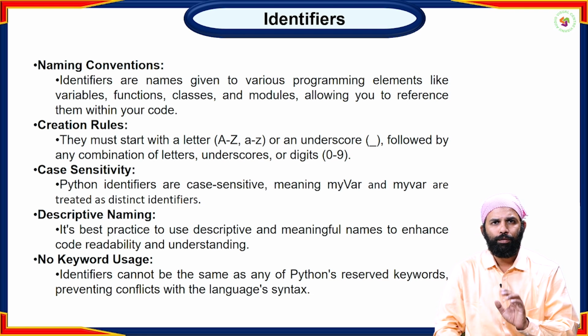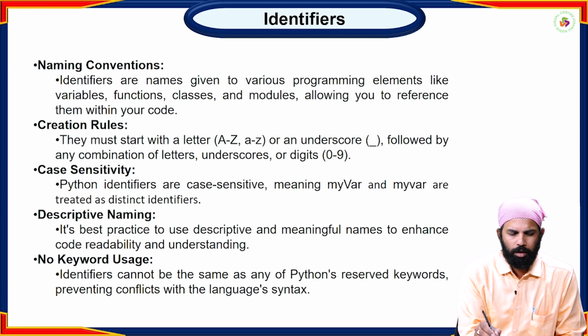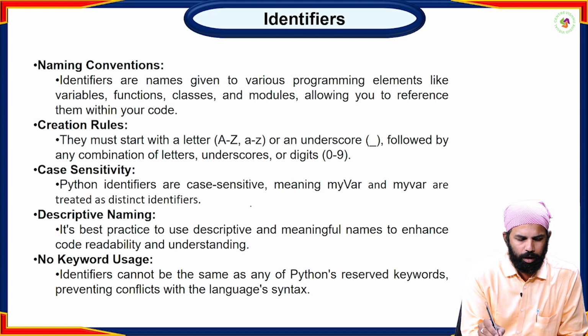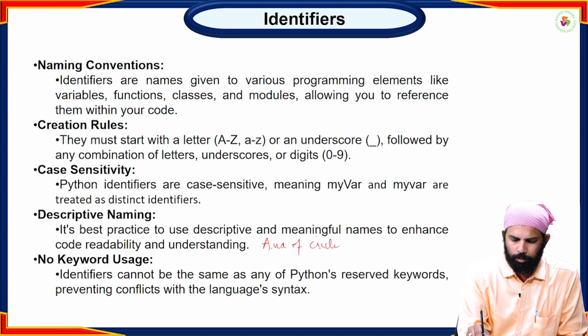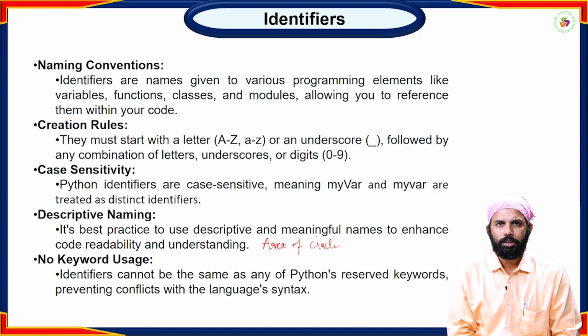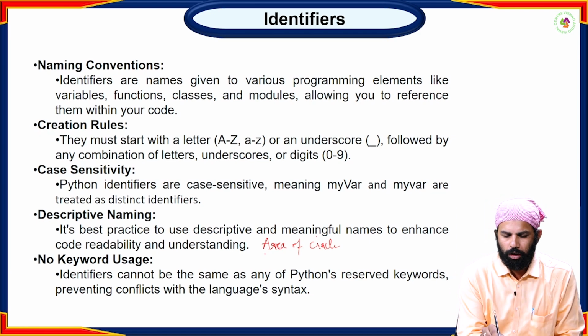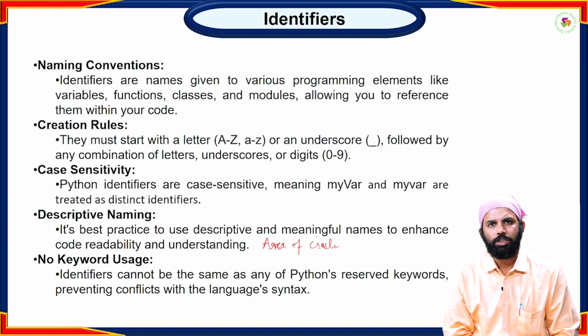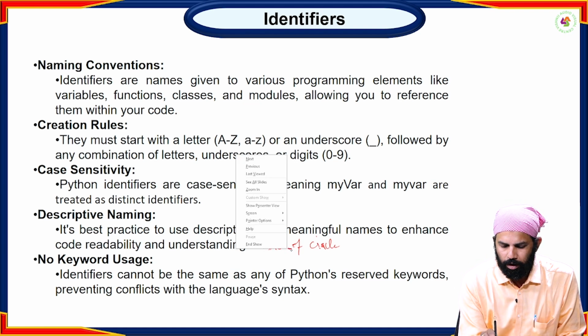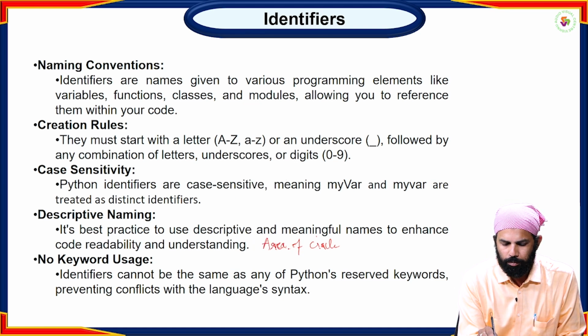If I take area of circle, we have three words, and we are not allowed to give the name in this way, with blank spaces in between.